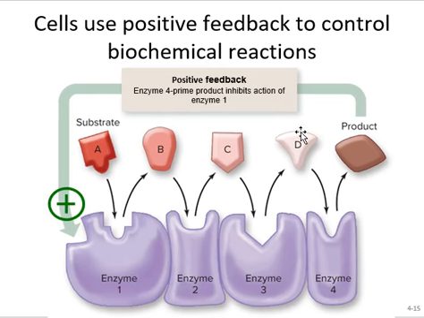The positive feedback loop is a little bit harder to understand, but it's the same principle. But instead of having inhibition at the end, by competitive or non-competitive inhibition, now you have to think that the product will find its way to enzyme 1, and then instead of changing the site of the enzyme in a way that's not allowing substrate A to fit, it's changing it in a way that makes the fit of substrate A tighter, better.